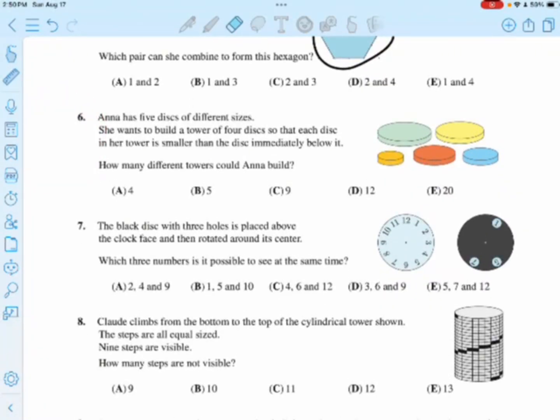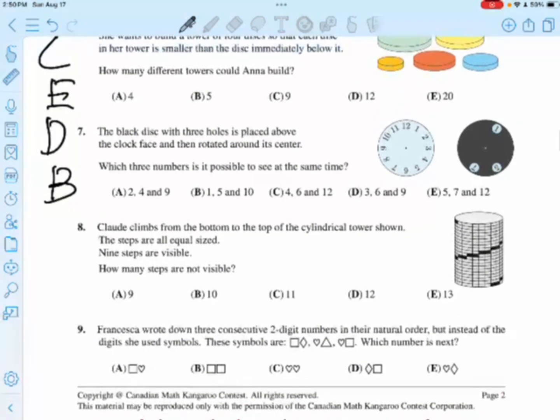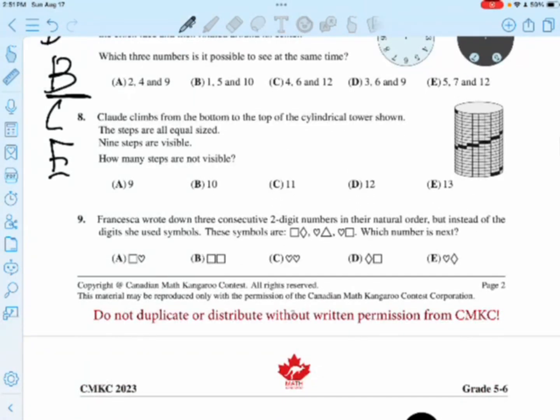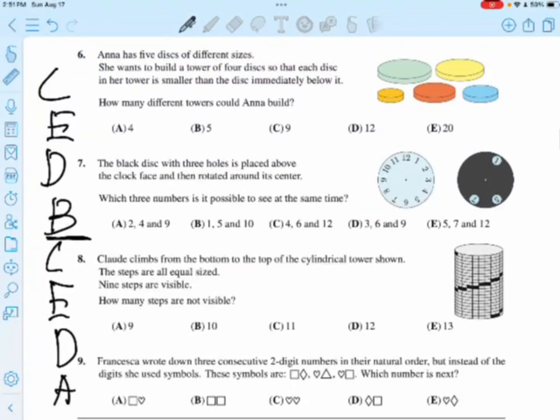So it's first C, E, D, B, and C, E, D, A. I'm running out of space. I should go here now.